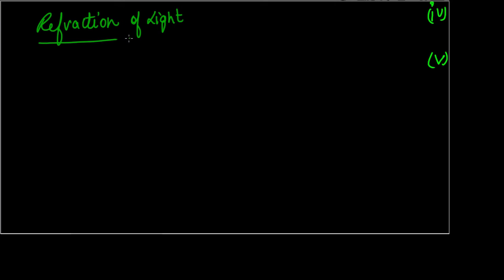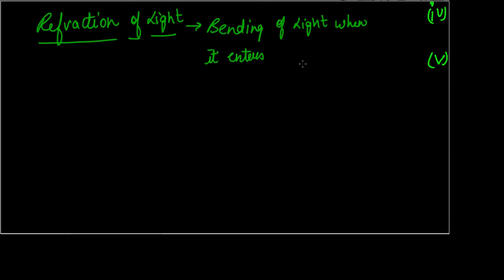Basically, refraction of light is a phenomenon of light like reflection. Reflection is a kind of phenomenon of light, so refraction is also a kind of phenomenon of light. And refraction of light basically is the bending of light when it moves from one optical medium to another.